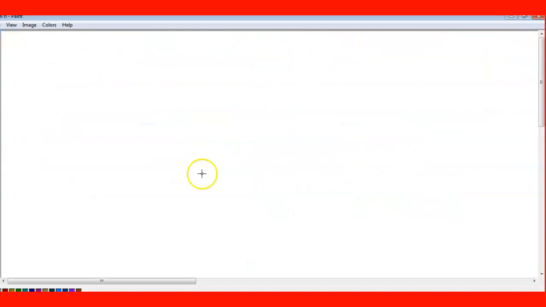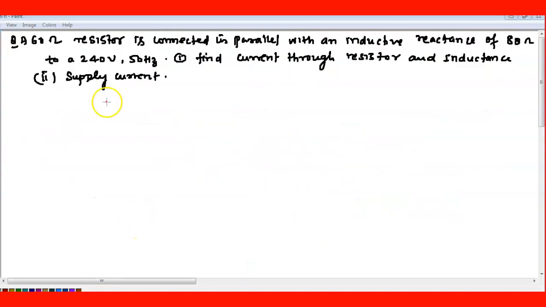So we'll do some more problems based on this. Next question: a 60 ohm resistor is connected in parallel with an inductive reactance of 80 ohms, and the power supply is given as 240 V and 50 hertz frequency.